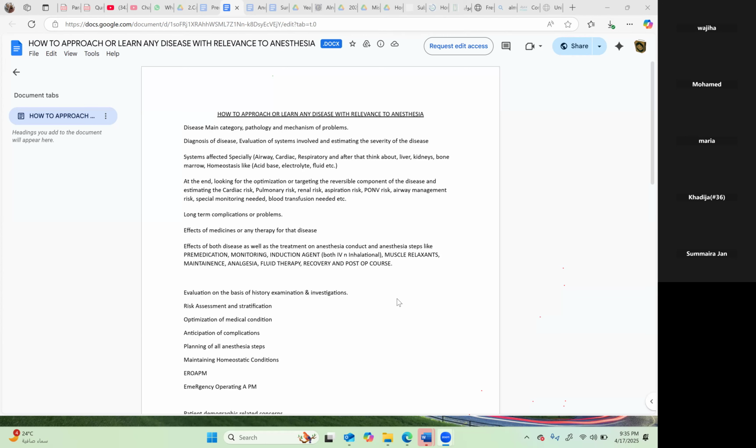In these cases, you will be expecting more complications, such as post-op ventilation or post-op ICU problems. That's how you fit any disease. You name any disease and you can fit it in that format, and then you will not forget.